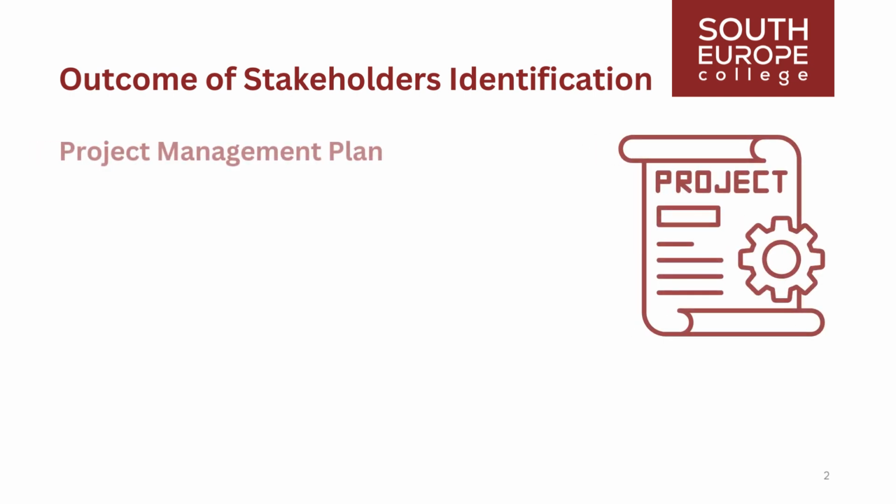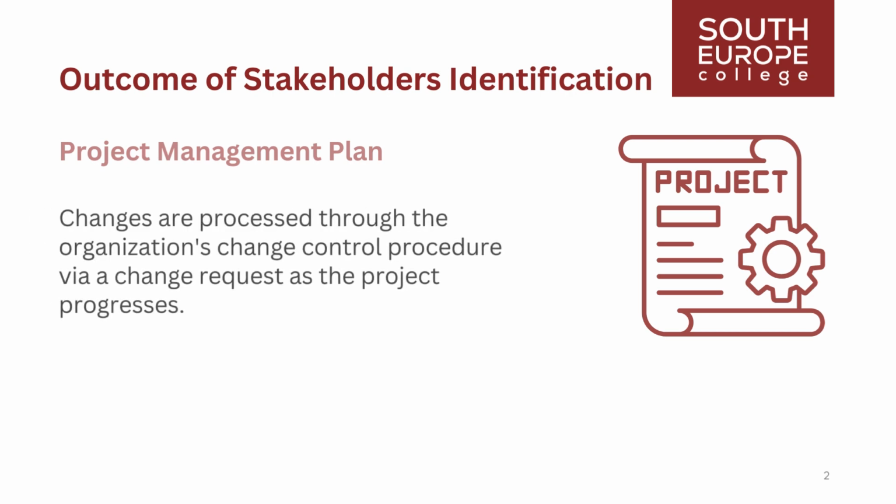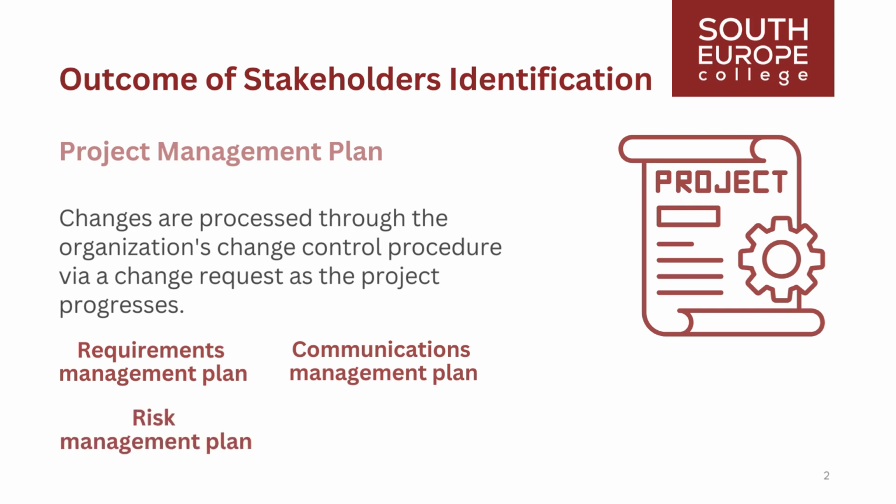While identifying stakeholders at the project's outset usually does not prompt immediate updates to the project management plan, changes are processed through the organization's change control procedure via a change request as the project progresses. Components of the project management plan that may require change requests include a requirements management plan, communications management plan, risk management plan, and stakeholder engagement plan.